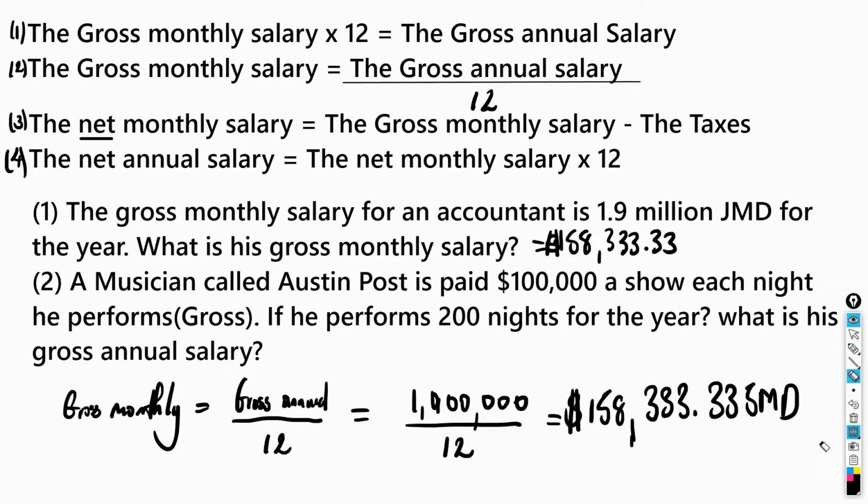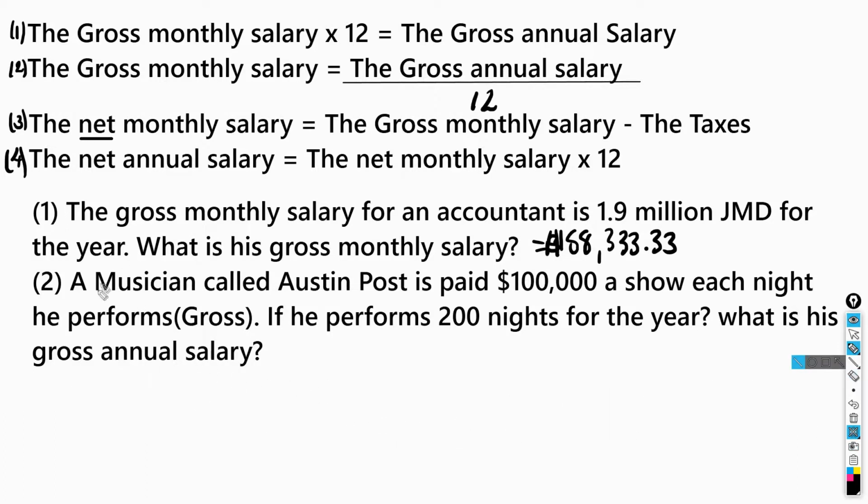Let's clear the screen. The second one says a musician called Austin Post, also known as Post Malone, is paid $100,000 for a show each night he performs. That's his gross amount, before the taxes. If he performs 200 nights for the year, what is his gross annual salary?